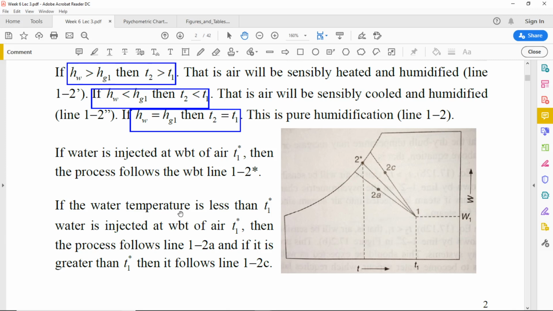If the temperature of water is less than the wet bulb temperature of air at state 1, we will follow the process line 1 to 2A. And the third one is that if the temperature of water is greater than the wet bulb temperature of air at state 1, we will follow the process line 1 to 2C.